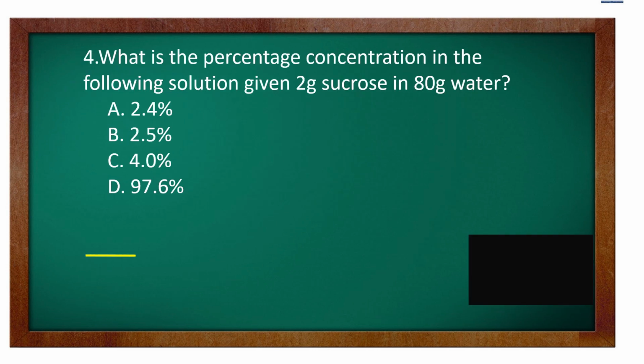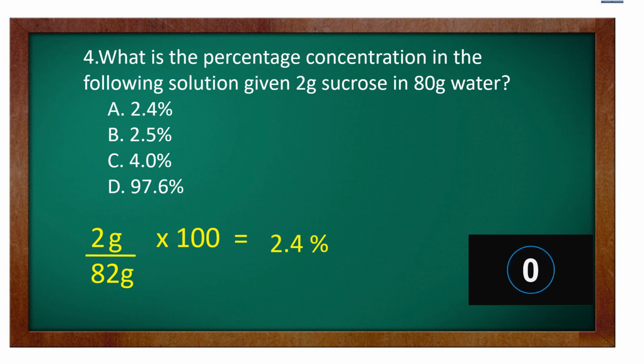What is the percentage concentration in the following solution given 2 grams of sucrose and 80 grams of water? You have 10 seconds to answer. And the answer is 2.4%, which is letter A.